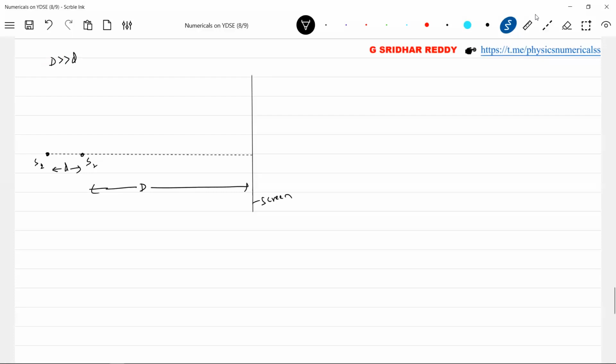Now I want an expression for the order of interference on the screen. So they are point coherent sources. What are S1, S2? S1, S2 are coherent point sources.